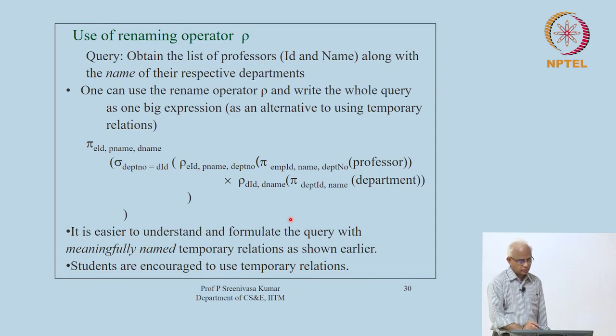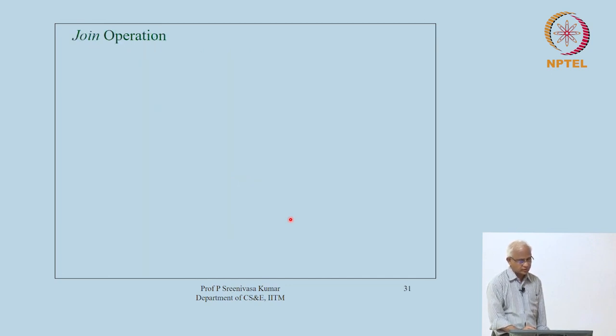Now, let us move on to the need for another operator, which is called the join operator, which I just mentioned in the last class. This is a very important operator.